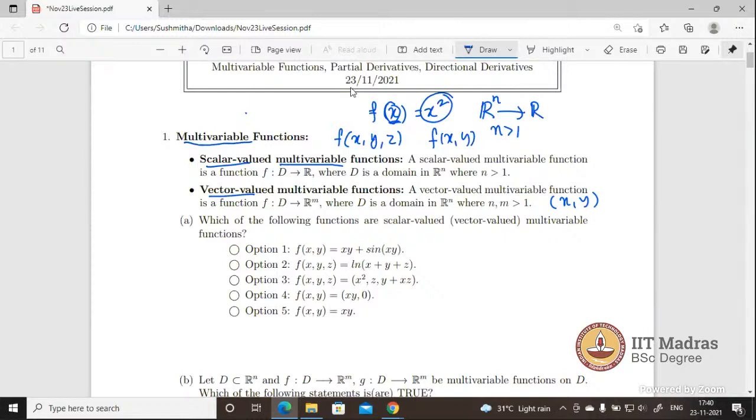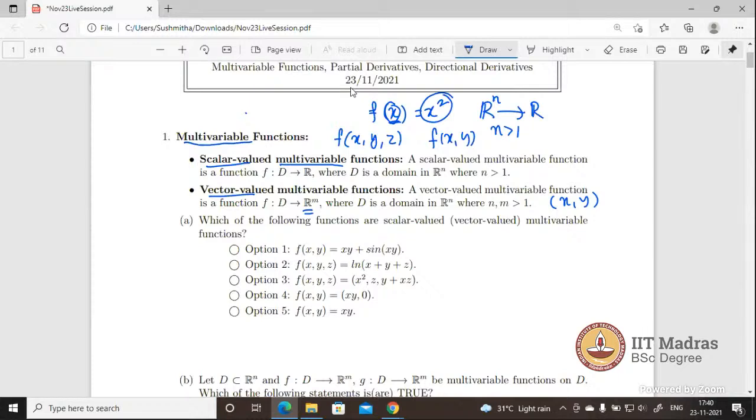So when it is vector valued, the output is an element of R2, R3, etc. In that case, the function's codomain is Rm, where this m is greater than 1. So now there is no confusion of whether n has to be greater than 1 or m has to be greater than 1.